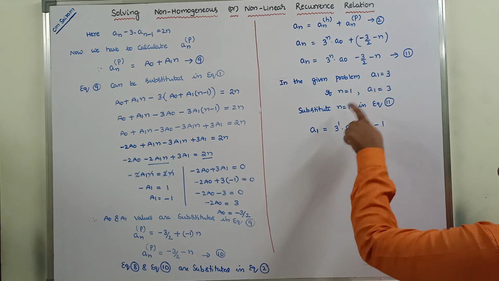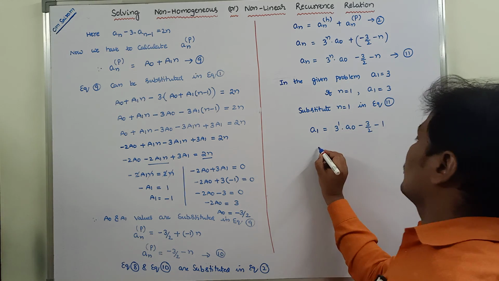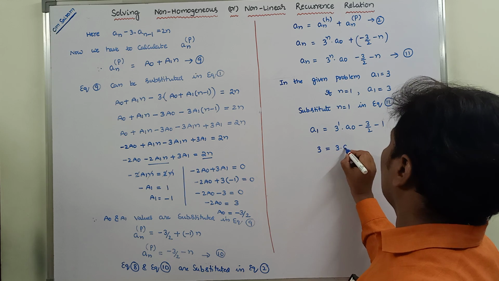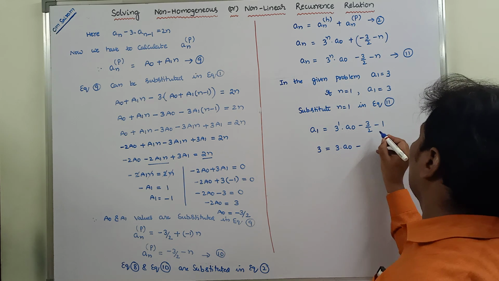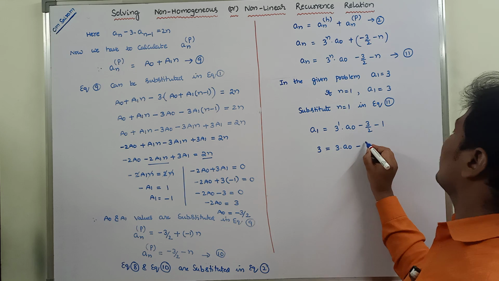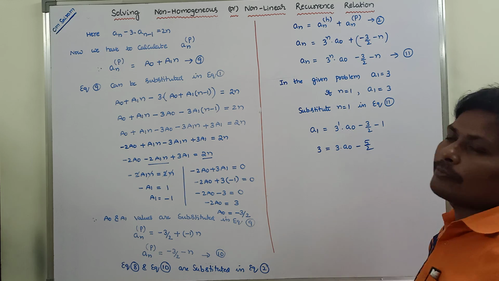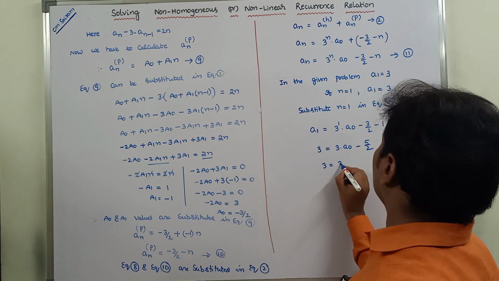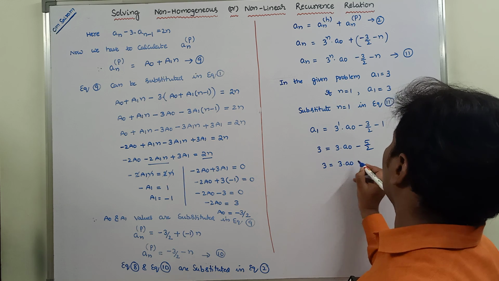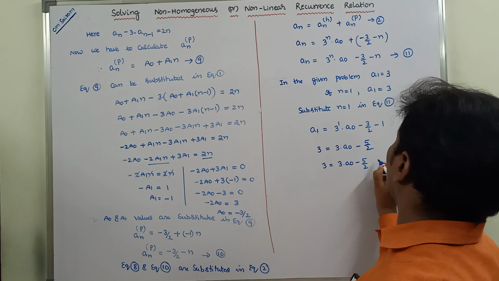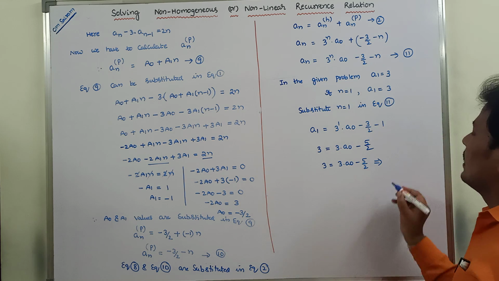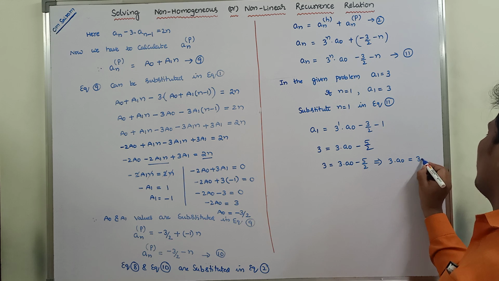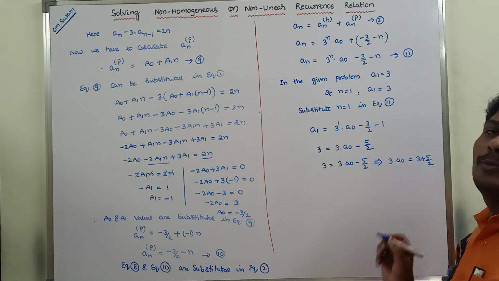What is the a1 value in the given problem? That is 3. So 3 is equal to 3 power 1, which is nothing but 3, into a naught minus, here 3 by 2 minus 1 is nothing but 5 by 2. So now 3 is equal to 3 into a naught minus 5 by 2. It becomes 3 into a naught is equal to 3 plus 5 by 2.